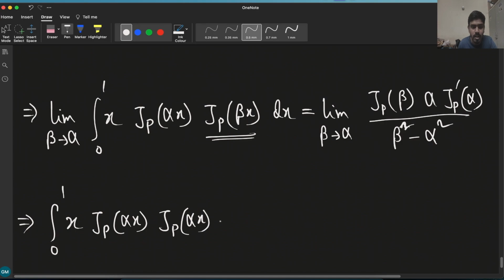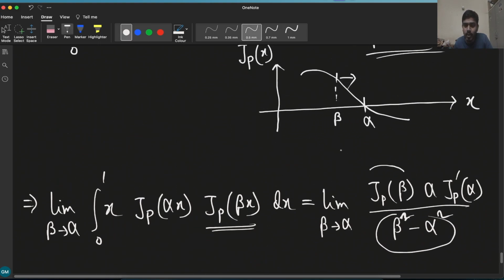now if you look at this right hand side, in the denominator we have beta square minus alpha square, and as we take beta towards alpha, this goes towards 0. Also in the numerator, because alpha is a zero of the Bessel function, when beta goes towards alpha, Jp(beta) goes towards 0.